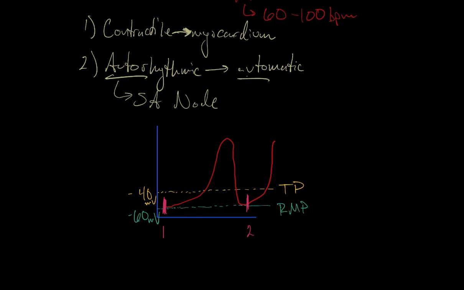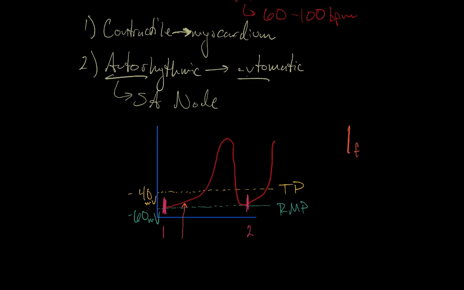First things first, this initial rising phase that we see right here is typically described in textbooks as the pacemaker potential. In this phase there are channels, which I'll write over here as I with a small subscript F. These are called funny current channels.